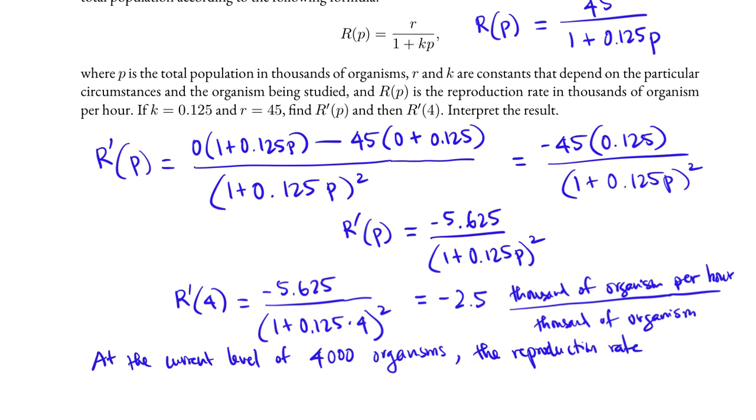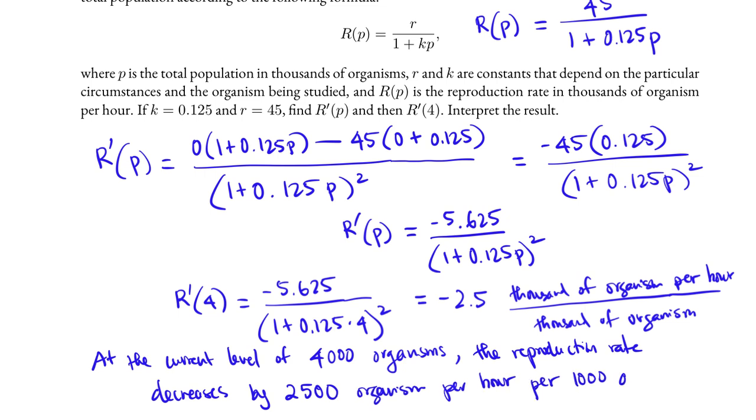And since this result is negative, we would use the term decreases by 2.5 thousand, which is 2,500 organisms per hour, and then per thousands of organisms.